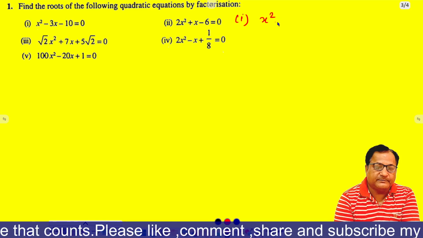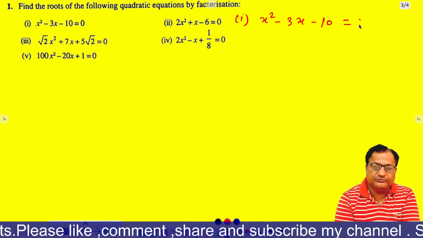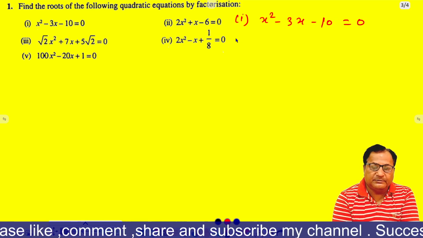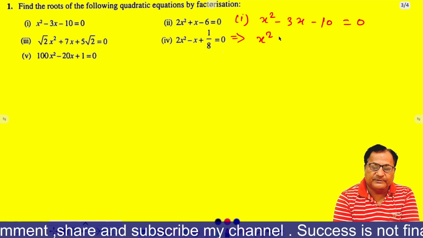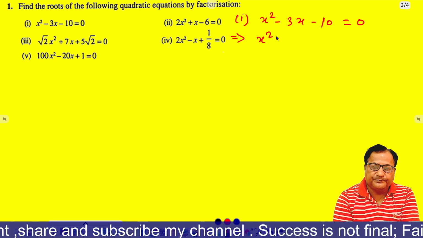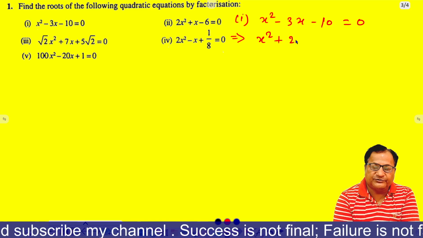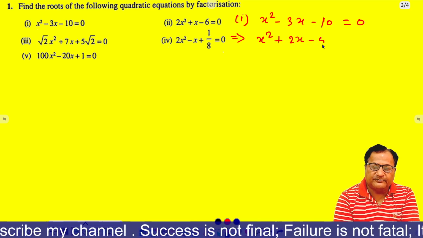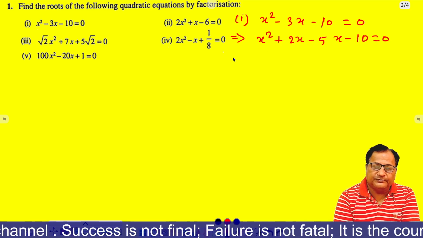x square minus 3x minus 10 equal to 0. We will split the middle term. So x square plus 2x minus 5x minus 10 equal to 0.